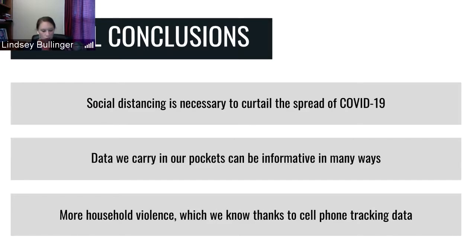Just for one example, we've seen that more time spent at home, based on cell phone tracking data, is associated with more household violence, which again, we know thanks to the data that's in our cell phones.